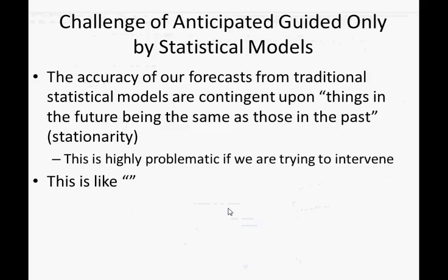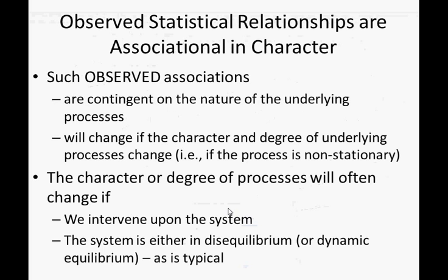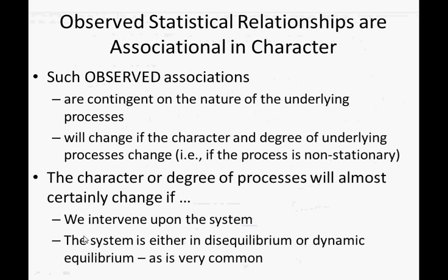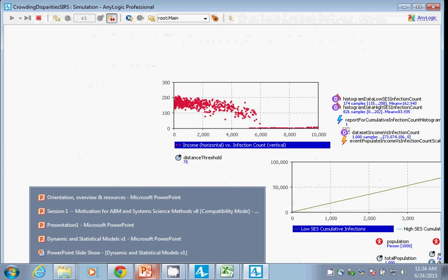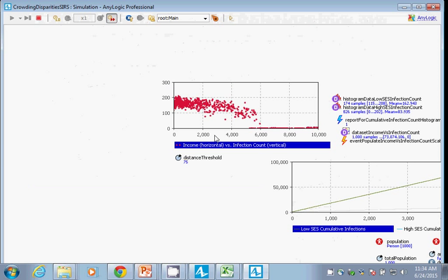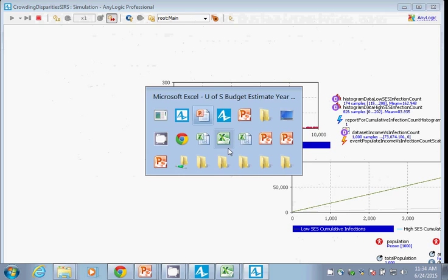And they're very powerful, but because they're contingent on the underlying processes, and because these underlying processes may be changed if we intervene or if the system is not in equilibria, we may get rather different outcomes with some of these associations for different particular interventions.